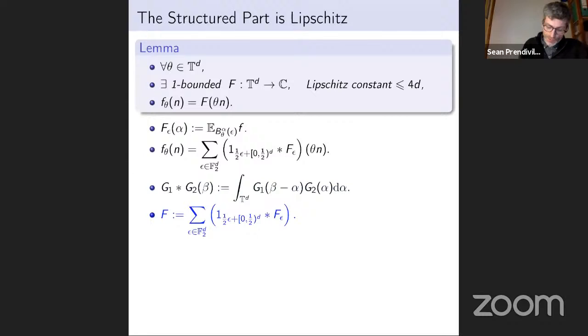Okay, so the obvious candidate for our function, such that little f theta of n is equal to f of theta n, when you stare at this formula, is that we should take these functions f to be the same function, just with theta n replaced by an arbitrary element of the d-dimensional torus. So that's what we do, we set f to be this. There's an issue that some of these atoms might be empty. Let's not worry about that.